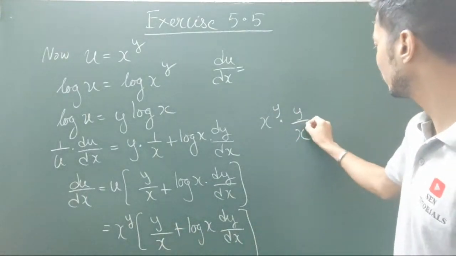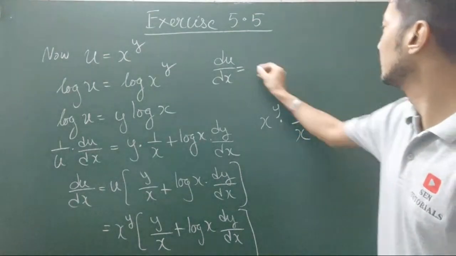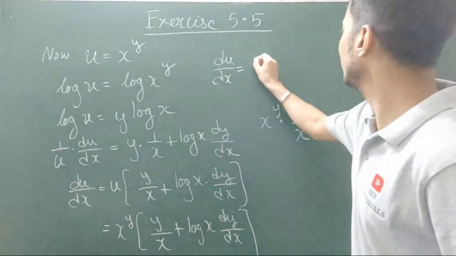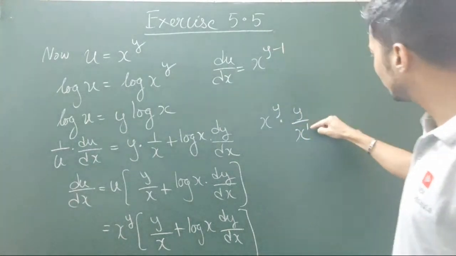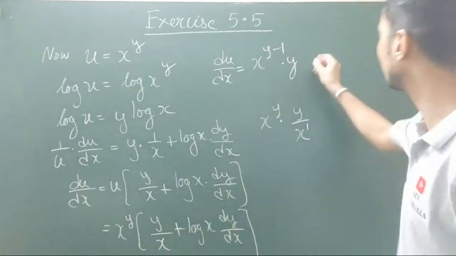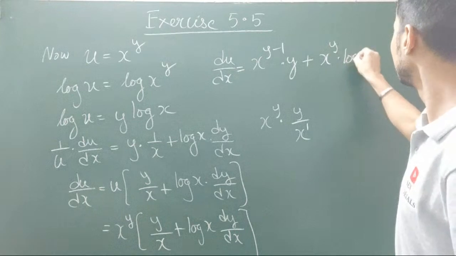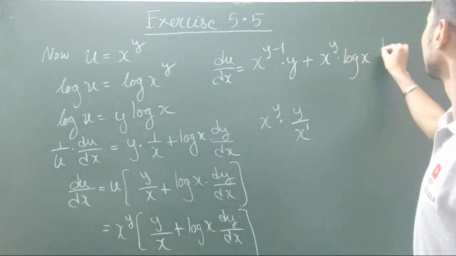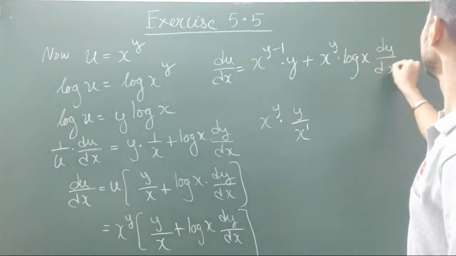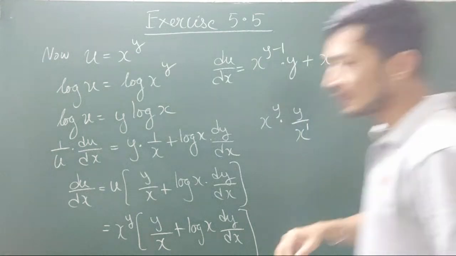Mentally, I guess all of you can do that. So we have x power y times x power minus 1, that's going to be x power y minus 1, because minus 1 into y. And of course the other term, when you multiply, you will have x power y log x dy by dx. So let's mark this as equation number 3.